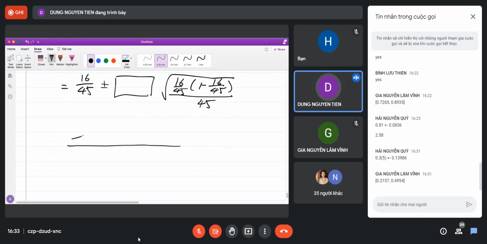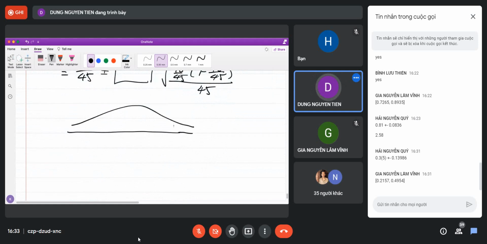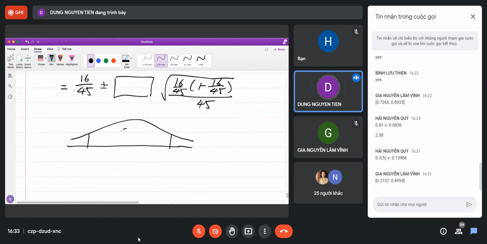In order to get the z value, you need to have a look at the confidence level, which is 95%. Alpha is simply 0.05, so you get 0.025 for the right tail.